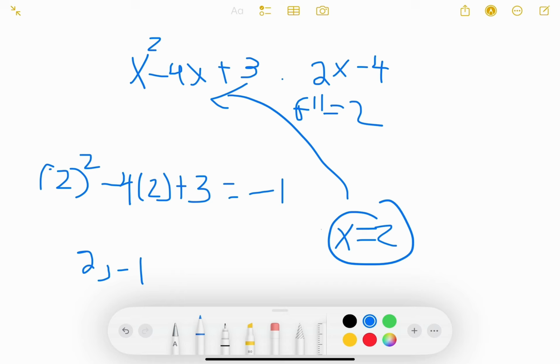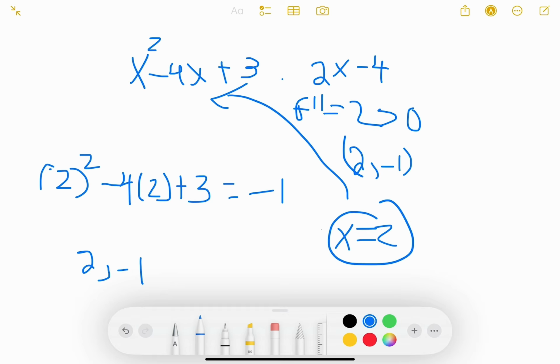Since that's greater than 0, the graph is going to be concave up, which means that the critical point at 2, negative 1 is a minimum.